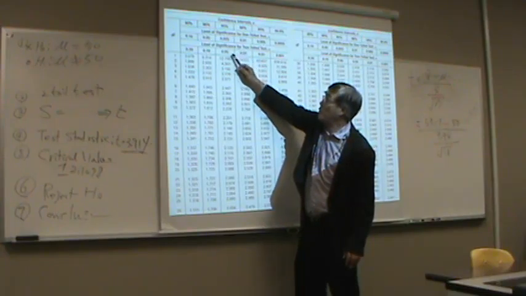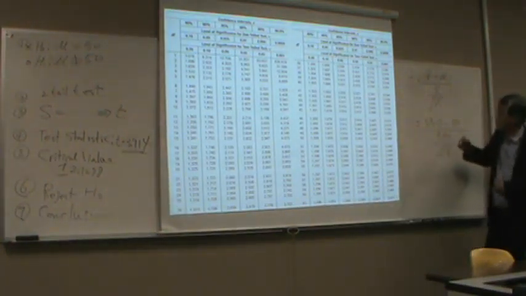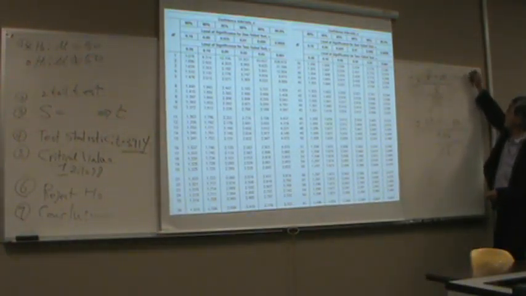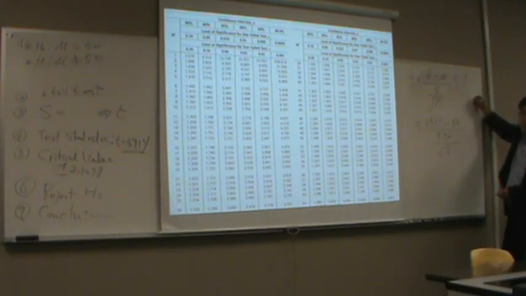Alpha equals 0.05, and then degrees of freedom. n equals 18, right? Degrees of freedom equals n minus 1, 18 minus 1 equals 17.